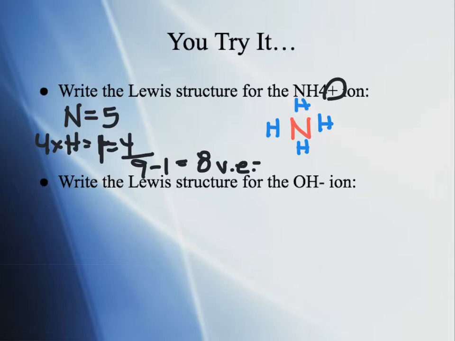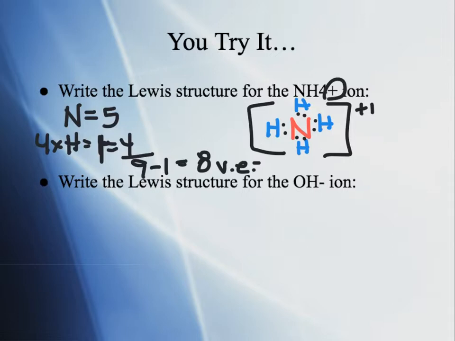And if it's going to have 8 valence electrons, let's do our dots around it, making our bonds. And 2, 4, 6, 8, that's going to be it. And so we're going to make sure that we put this in parentheses with our +1 charge. Okay, so that is the Lewis dot structure for ammonium.